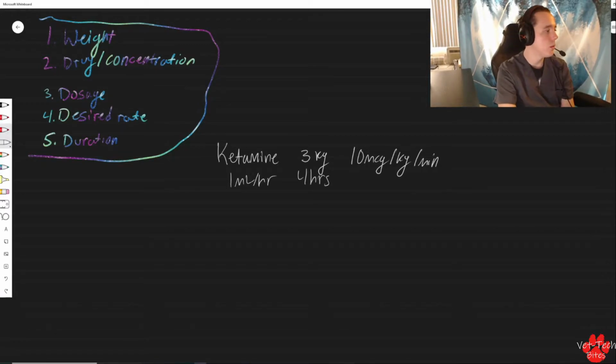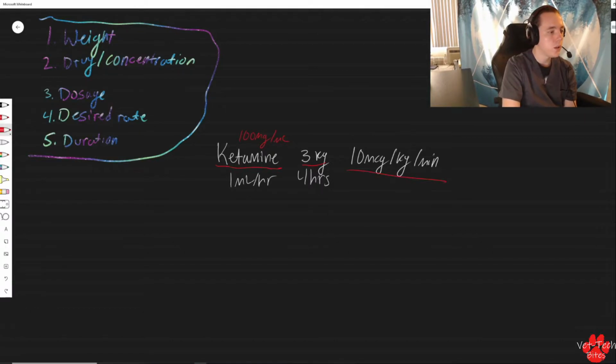So we have all 5 pieces of our information. We have our weight, we have our drug and our concentration, which is 100 mg per mil for ketamine. We have our dosage, we have our rate, and we have our duration. That's all that we need to solve our equation.